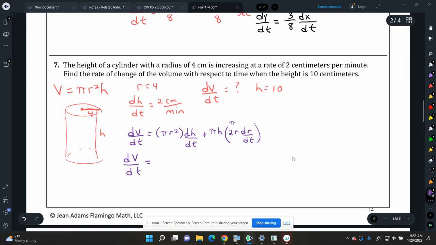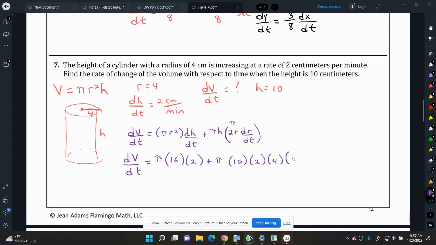equals pi times 16 times 2 plus pi times 10 times 2 times 4 times, what's dr/dt? 0.